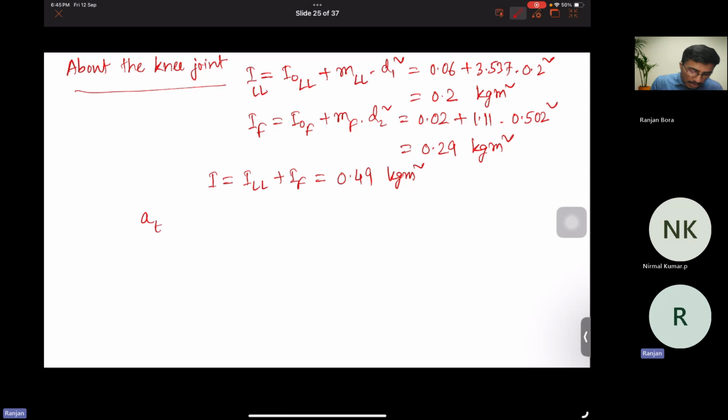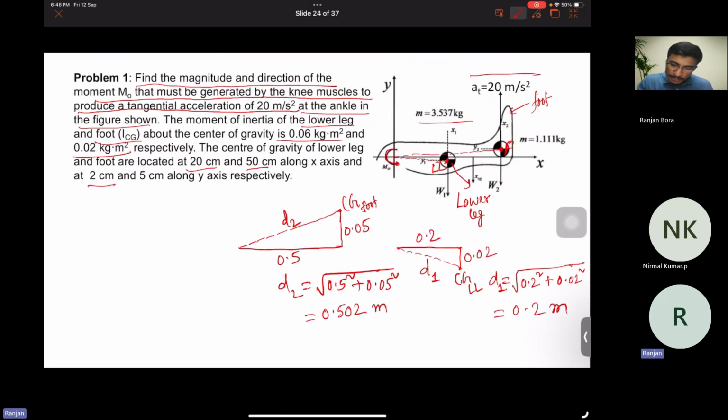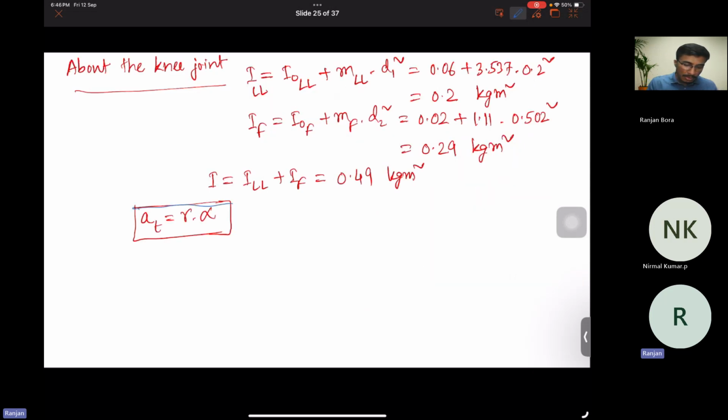There is this relation: a_t equal to r dot alpha. Tangential acceleration is given by r, where r is the perpendicular distance between the knee joint and the direction of the tangential acceleration. So this expression will be used for finding alpha.